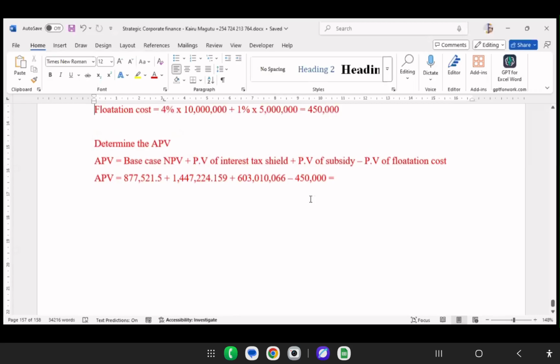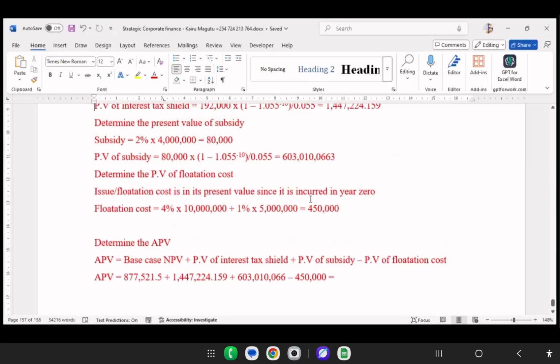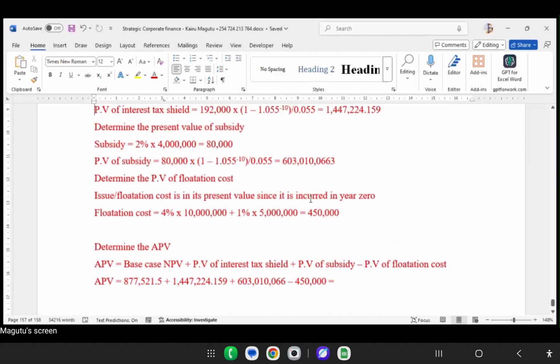The flotation costs. This does not attract flotation costs.